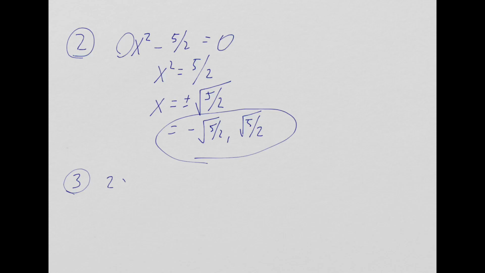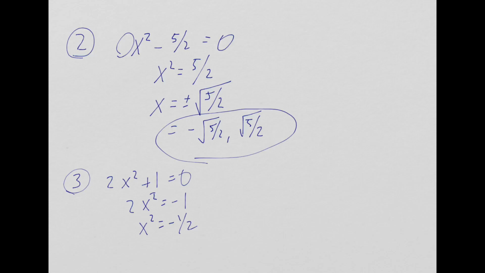Okay, what about 2x squared plus 1 equals 0? So how do we solve this? Well, again, there's no middle term, so we can use the square root method. You're going to subtract 1, divide by 2, and now what? What's the square root of negative 1/2?